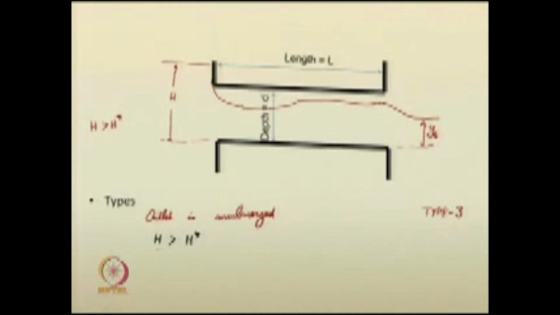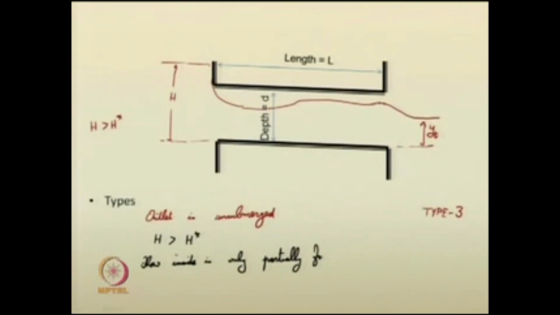However, the flow inside is only partially full. So, this is type 3 flow. Your y t is also less than D.